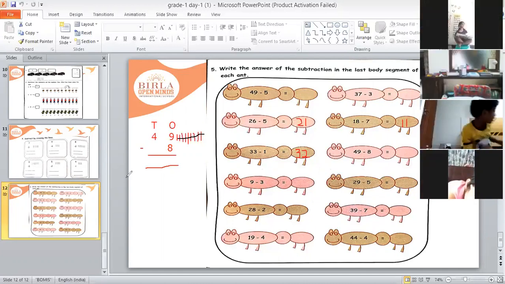So here we will write 1 in ones place and in tens place what we'll write? 4. What is the answer? 41. Yes, so answer is 41. We'll write that answer inside that. Okay, that's correct. Very good, Janvi.